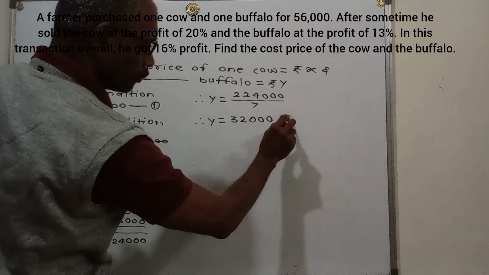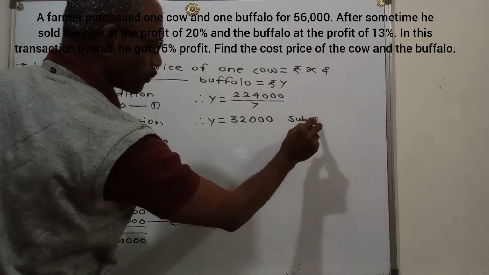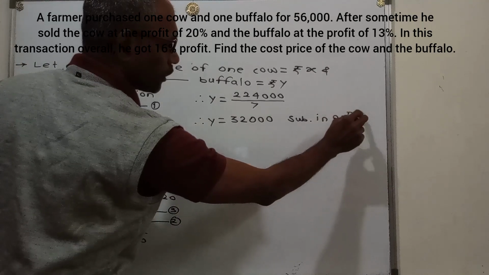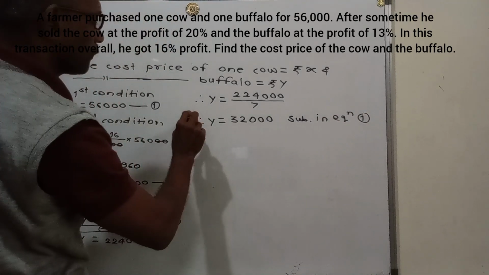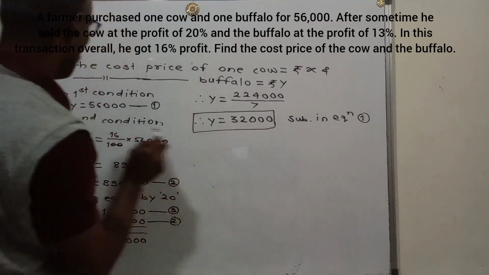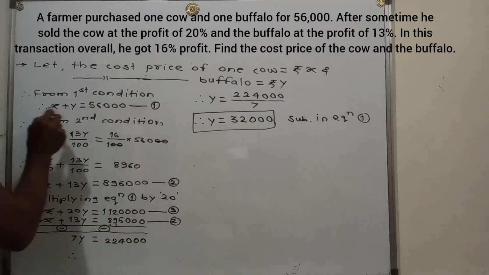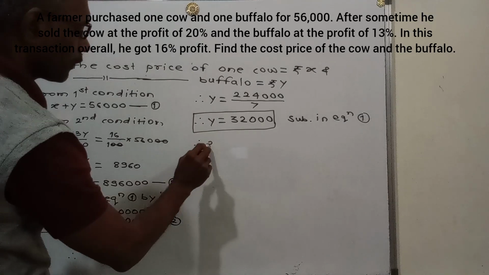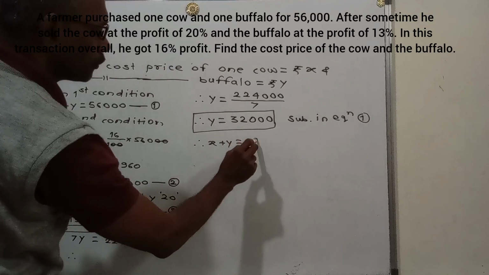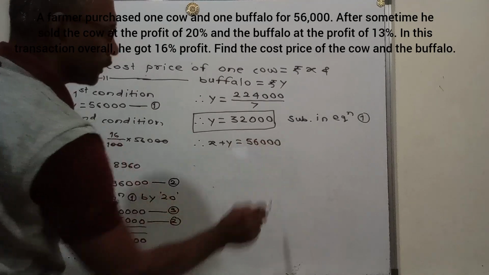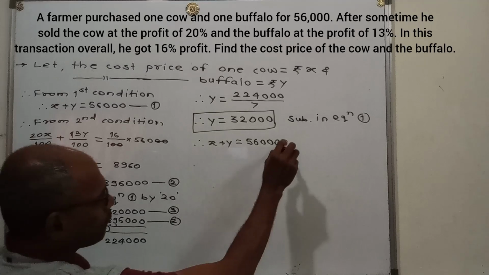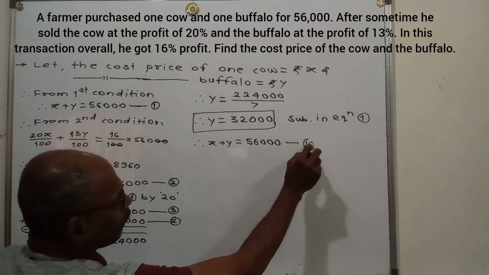Now substituting in equation 1. What is equation 1? See this. X plus y is equal to 56,000. This is our equation number 1.